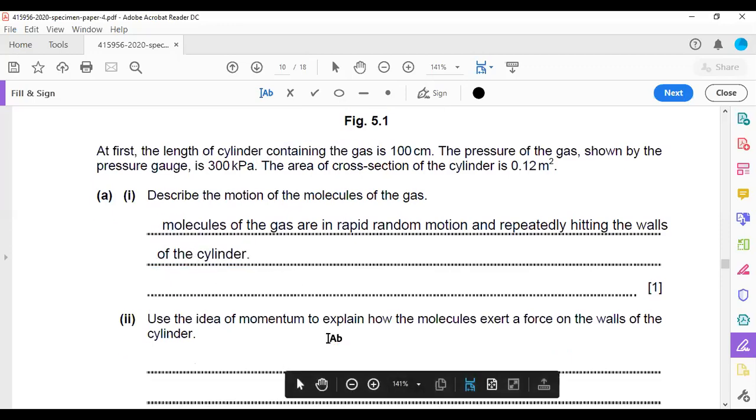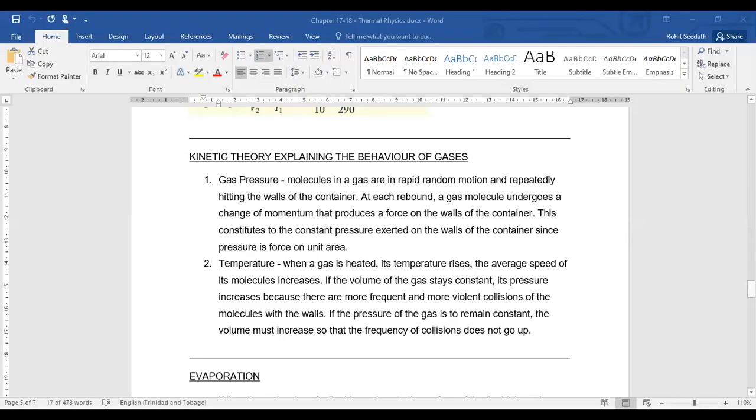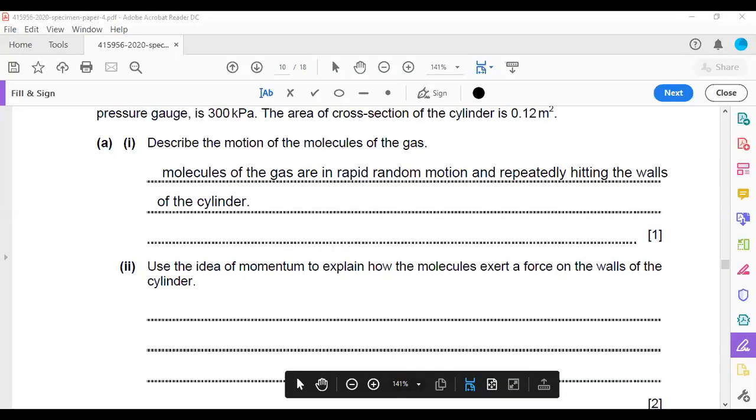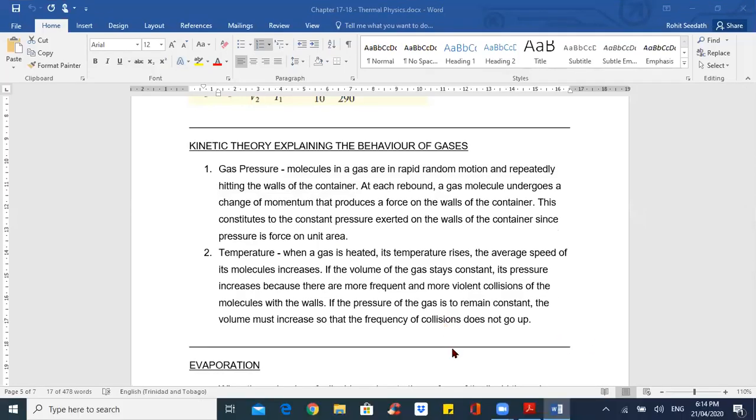That's the first part. Then they ask us later down, if we go back to the notes, it says at each rebound, a gas molecule undergoes a change of momentum that produces a force on the walls of the container.